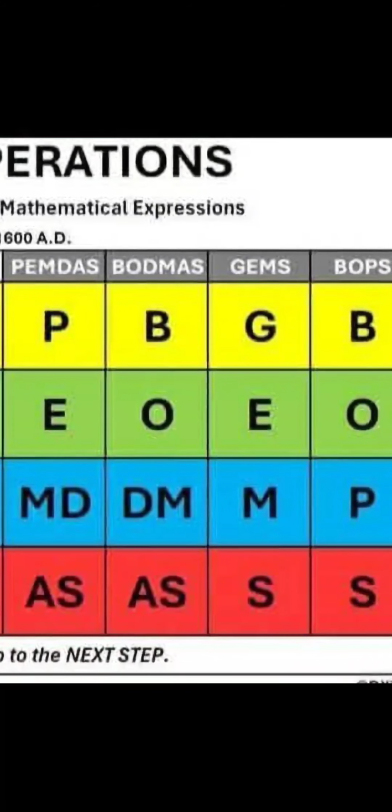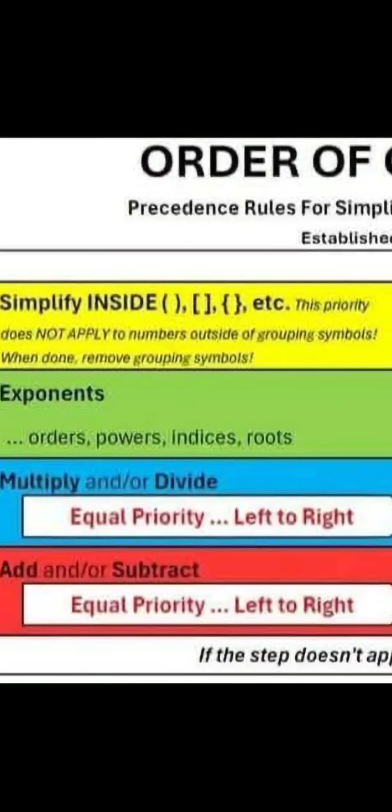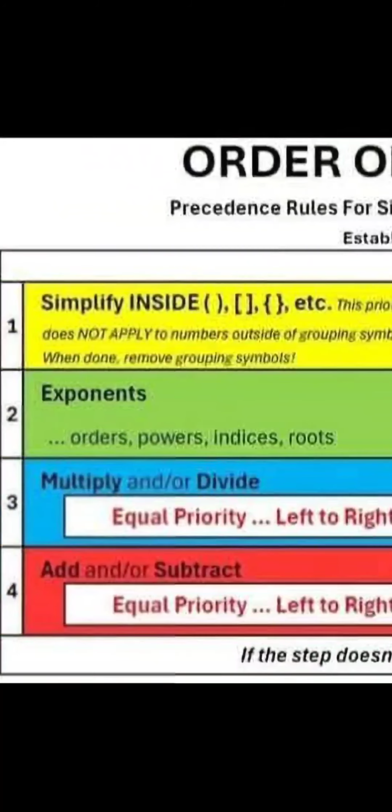I know PEMDAS and BODMAS have AS. GEMS, I guess, just lists S. But even with that, it's still referring to addition and subtraction. There's 4 steps, 1, 2, 3, 4. And the other thing is, if you're missing a step, you don't just throw out the whole order. You keep going. Nobody was taught to blindly solve left to right.